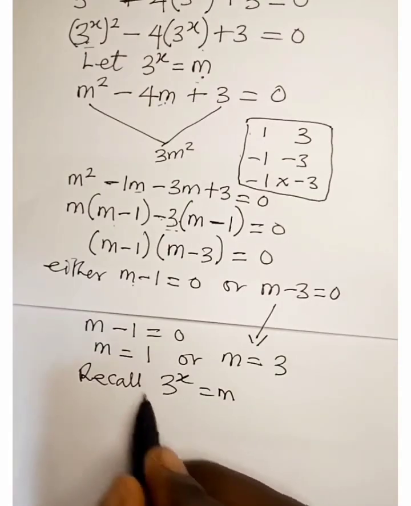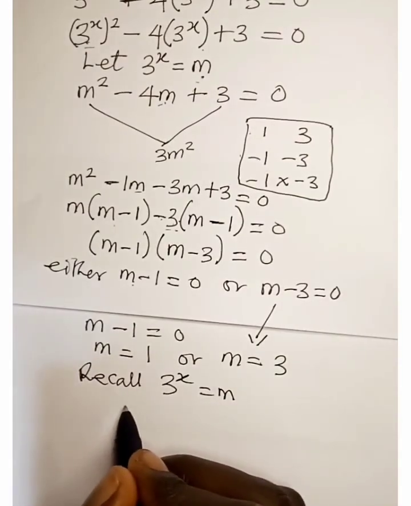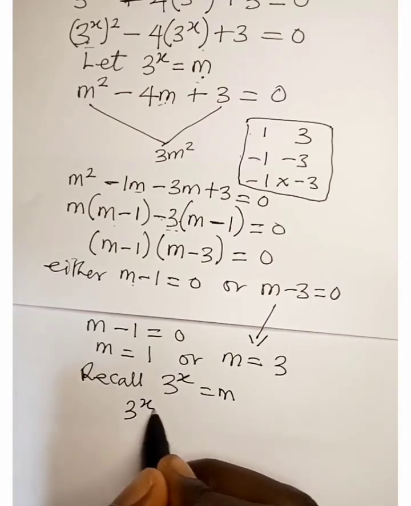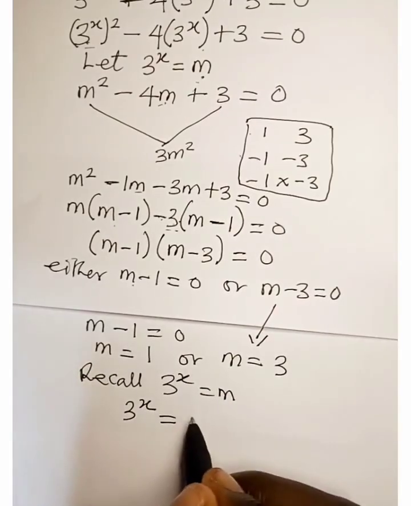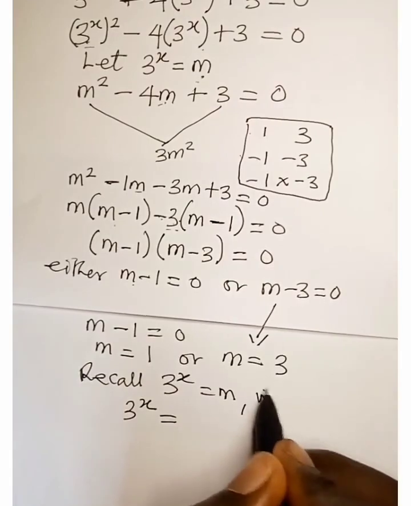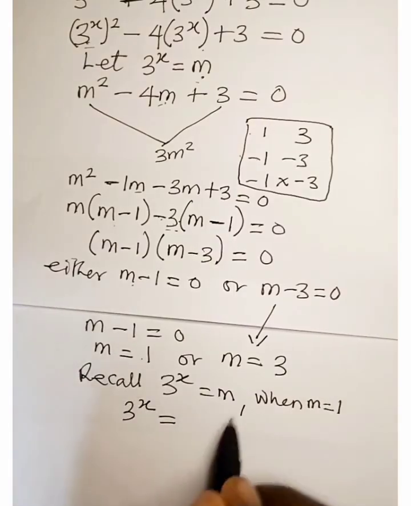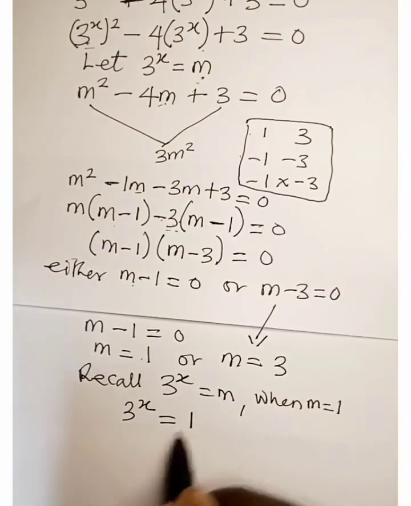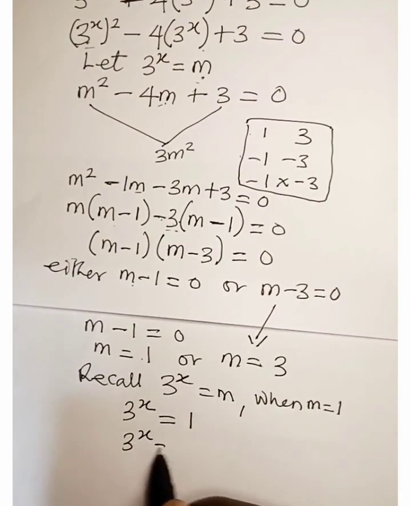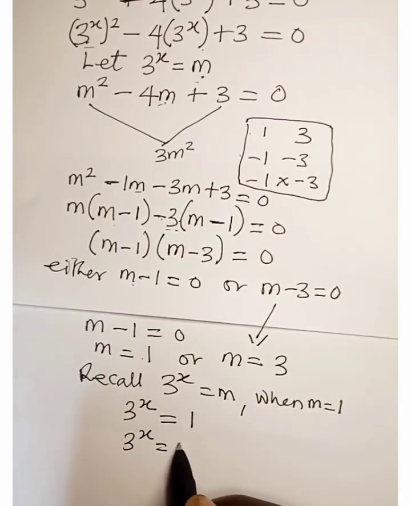If you substitute back, you are going to have 3 raised to power x equal to, so we go with when m equal to 1, this first one, so we substitute it here, so we have 1 here. 3 raised to power x equal to 1, and this 1 can be written in the same base with this, which is 3 raised to power 0.